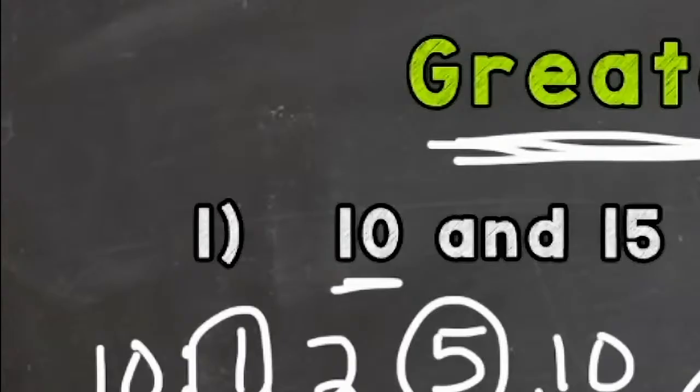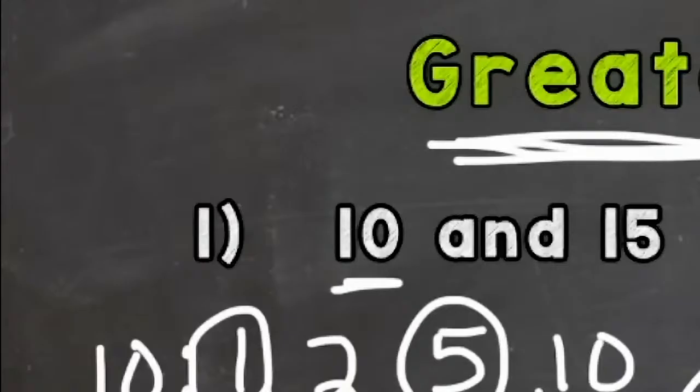And sometimes that will be your answer for greatest common factor. Not for number 2 here. Well, speaking of 2, they have 2 in common, 3 in common, and they also have 6 in common. So they have a lot of common factors, but we want the greatest. So the GCF for 12 and 6 is going to be 6.